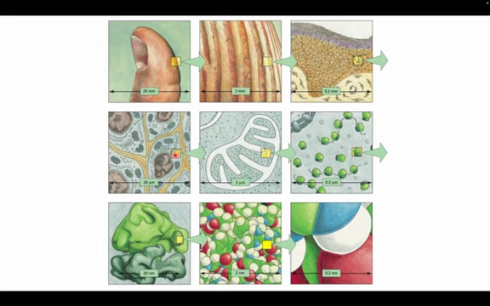If instead you actually want to look at the organelles themselves, then again you'll have to magnify this 10 times. And then you can see the mitochondrion, you can see the outer membrane, inner membrane, so on, all the ribosomes over here. Again, if you want to look at the proteins themselves, then you have to magnify another 10 times. And then you can see the ribosomes, the proteins, and then if you keep magnifying, eventually you will get to the atomic structure, right?